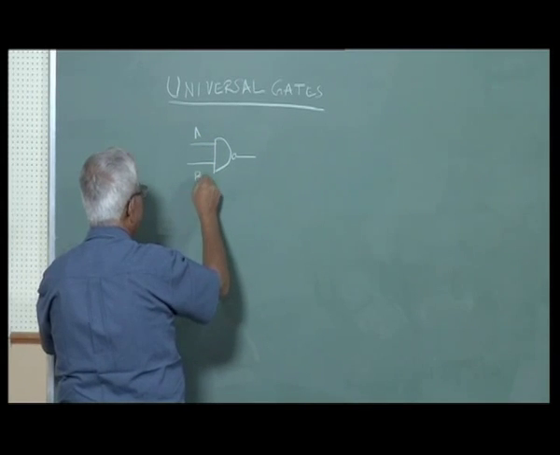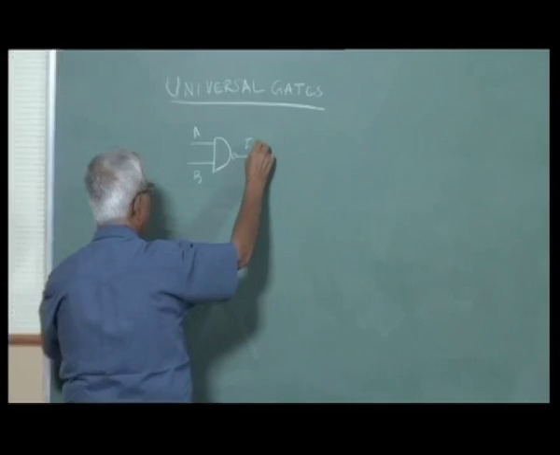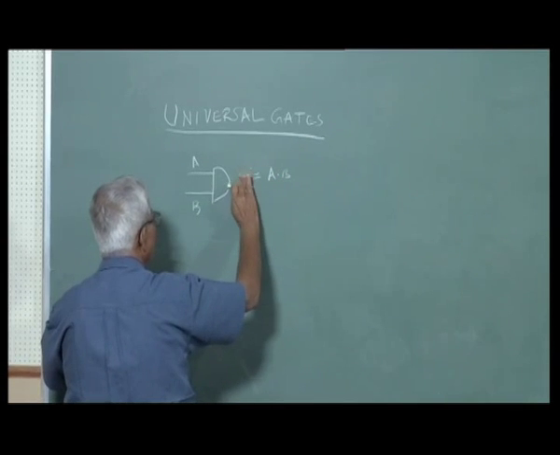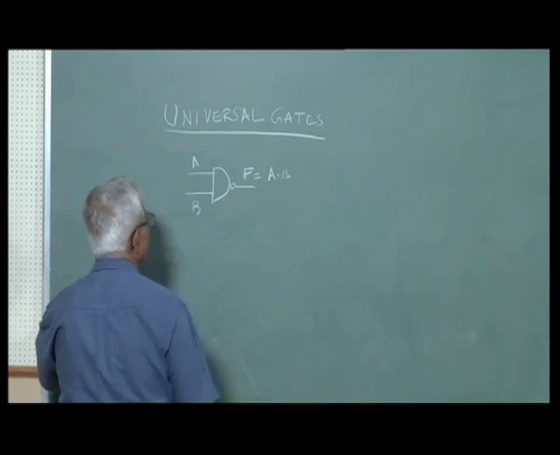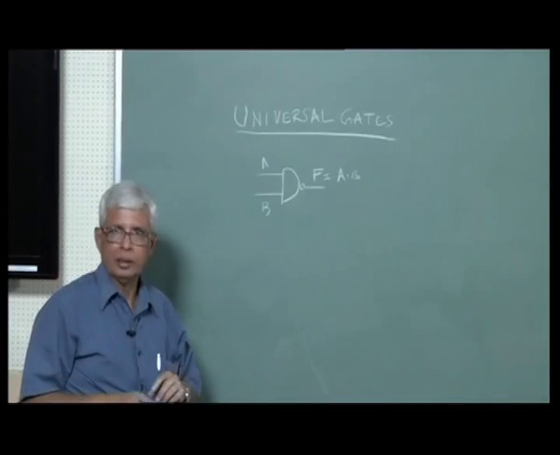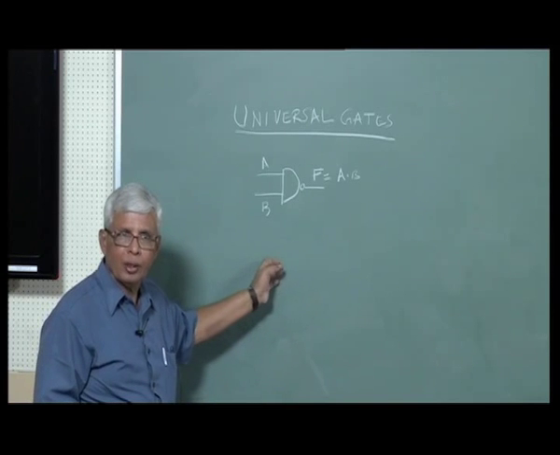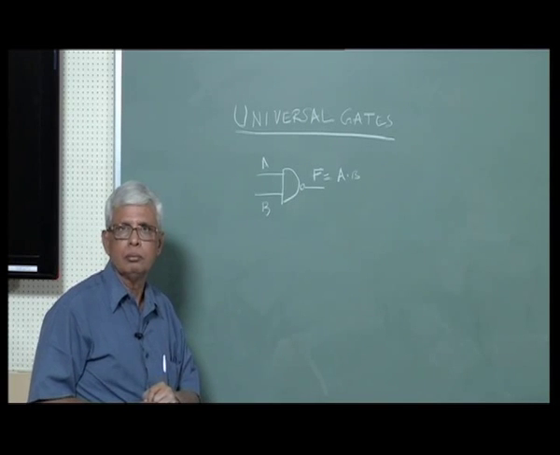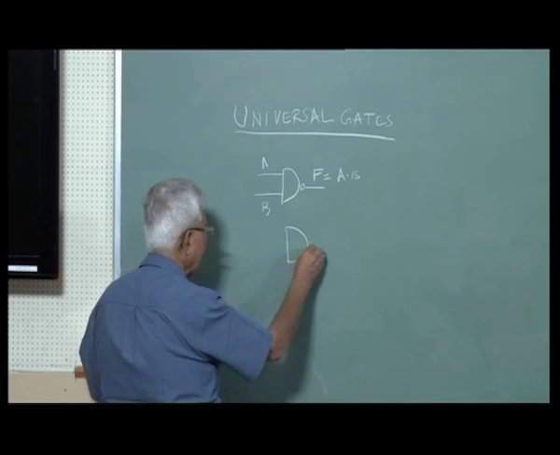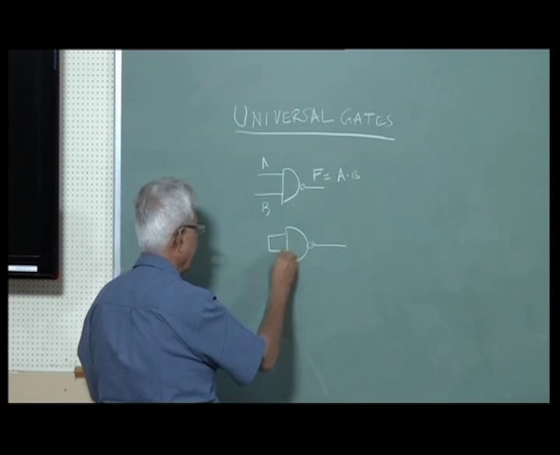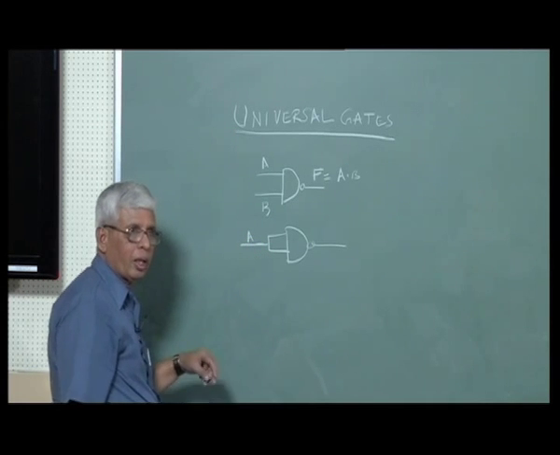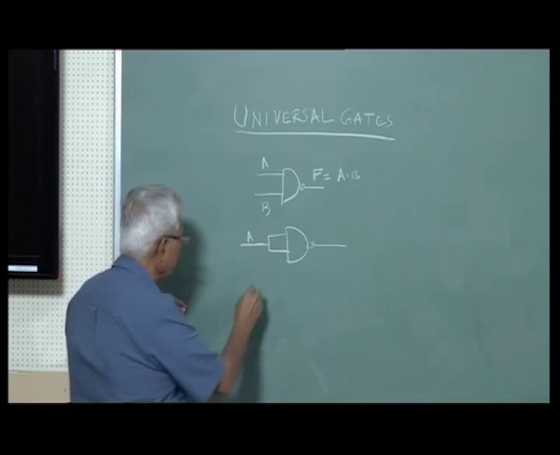This is the NAND gate, I think you remember now. Can I get this gate to work as an inverter? We will see. Supposing I tie these two inputs together and apply A here. What is the truth table?